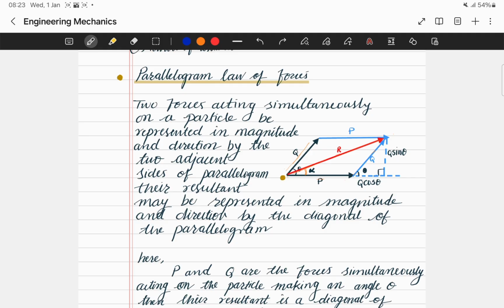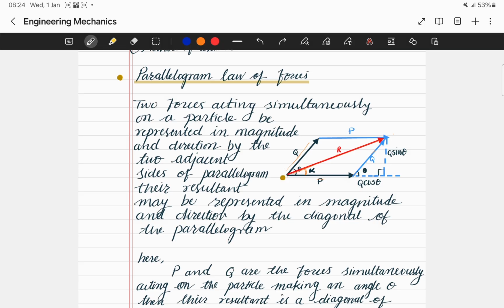Sometimes we forget the formulas; in that case, you can solve it like this: take a particular scale, draw P and Q, form a parallelogram, find the resultant, and also find theta graphically.